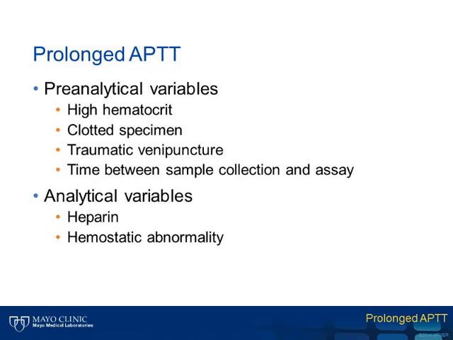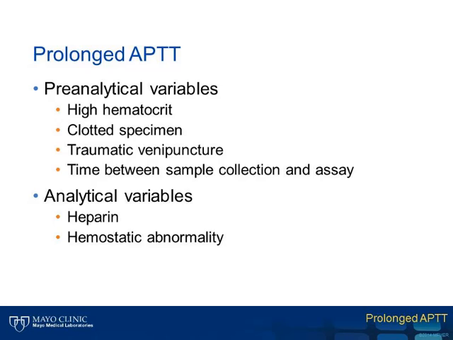Samples obtained from patients with poor venous access that may result in traumatic venipuncture generally have activation of the coagulation cascade that results in clot formation within the tube, also termed as clotted specimen. And finally, if the sample is not assayed within the appropriate period of time, activation of the coagulation cascade may result in a clotted specimen and artificially prolonged PT and APTT.